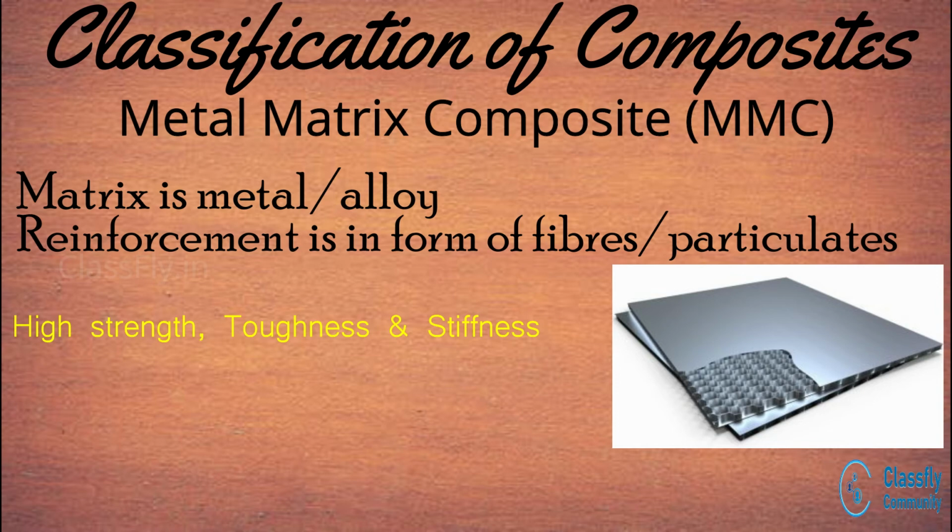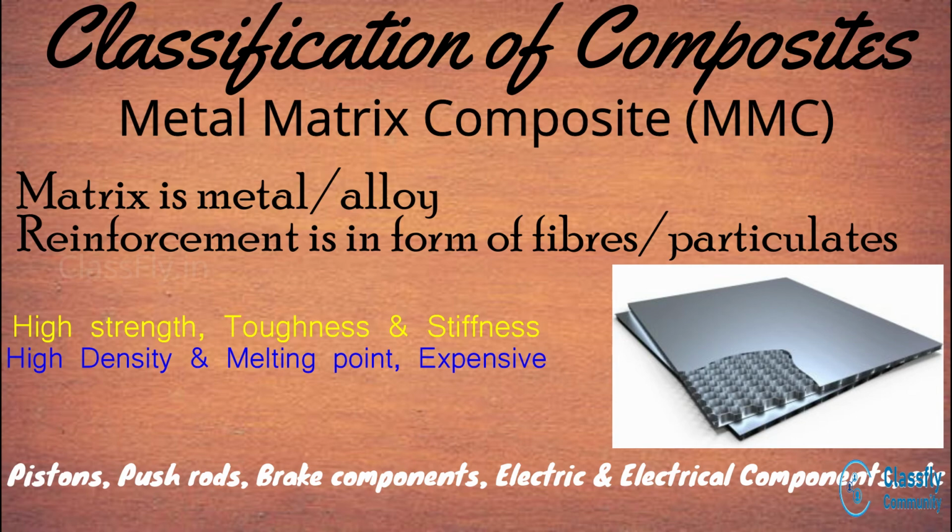Also, the disadvantageous properties of these composites are that they have a high density, a high melting point and are expensive to manufacture. They are usually used in automotive parts like pistons, push rods, brake components and electric components of a vehicle.